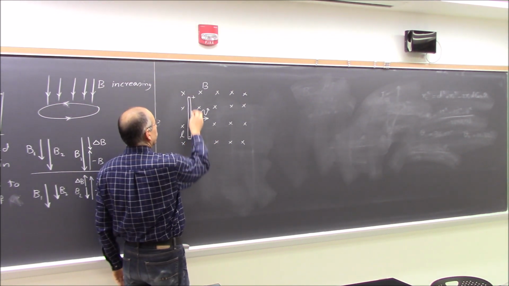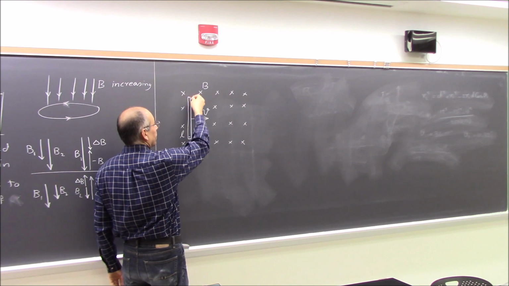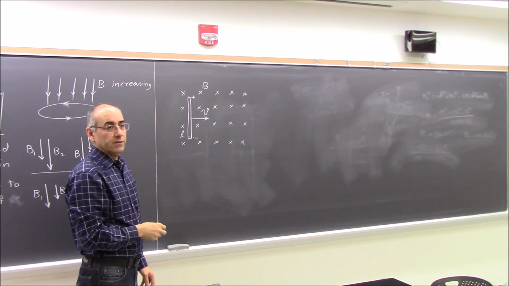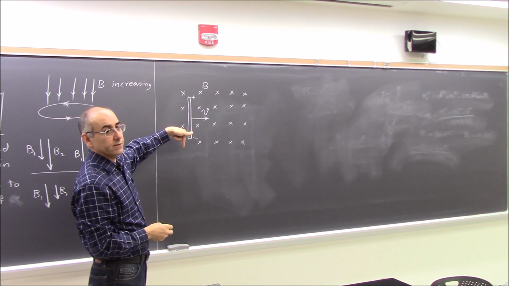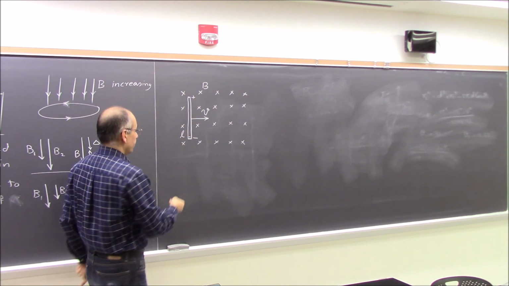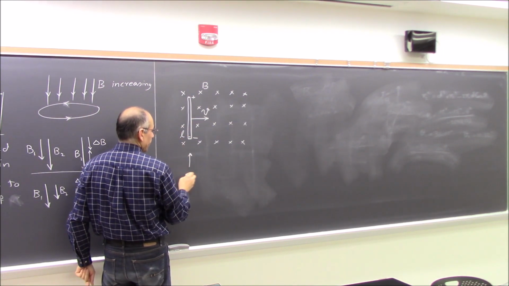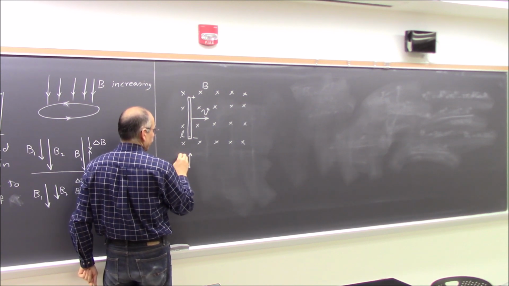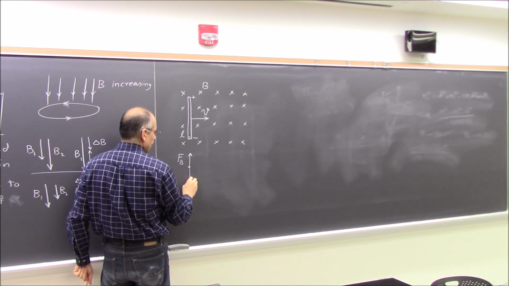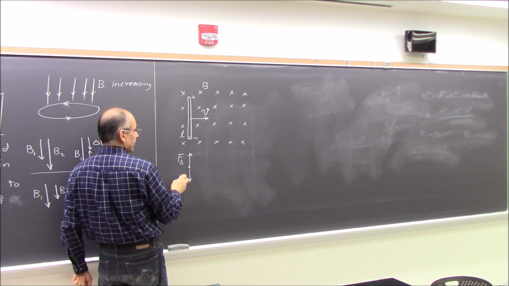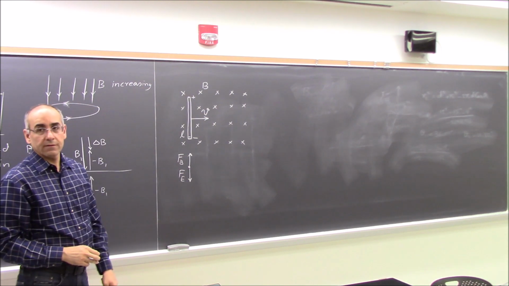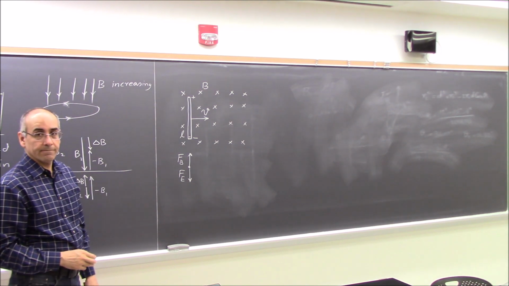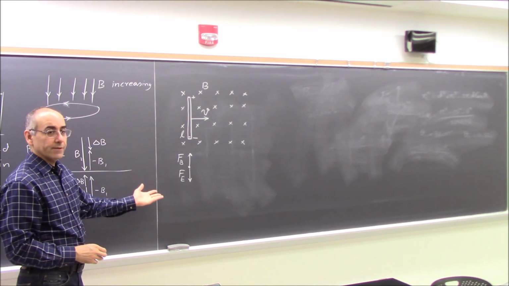For example, if the positive charges go up, they create an electric field from positive to negative, and there will be an electric force downward, and the magnetic force on positive charges is up. This happens until the electric field applies the same force in the other direction. And you know when that happens, right?